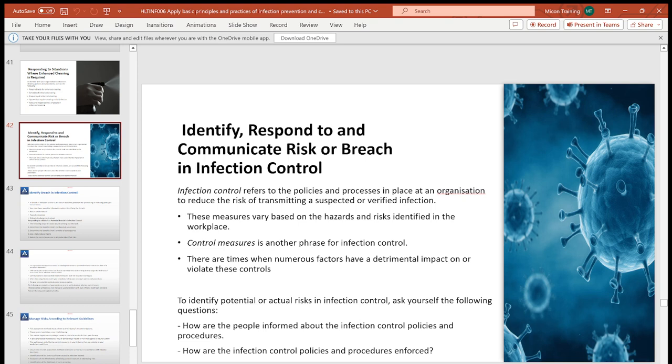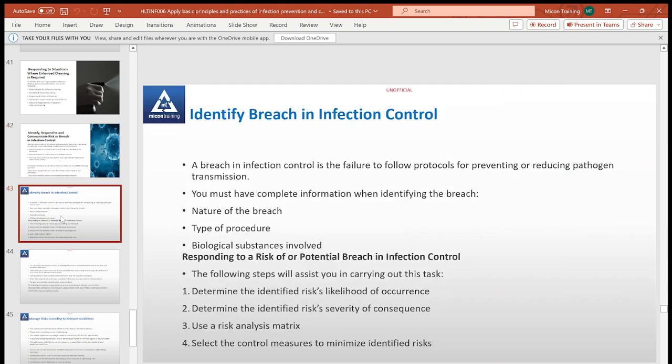One of them is, how are the people informed about the infection control policies and procedures that your organization has put in place? And how are the infection control policies and procedures enforced? It is good to have policies and procedures in place, but what is the measure by which this information is actually disseminated for everyone to be on board?